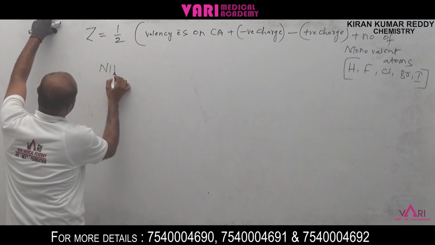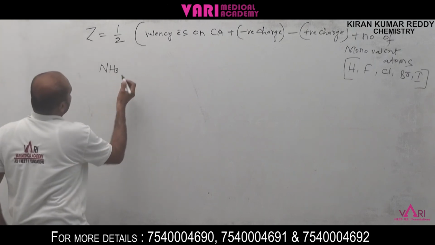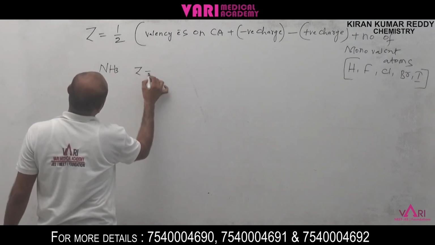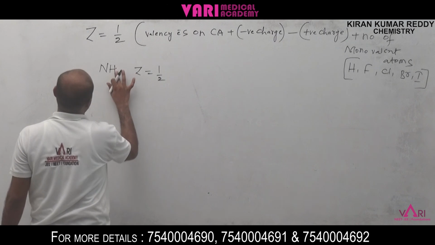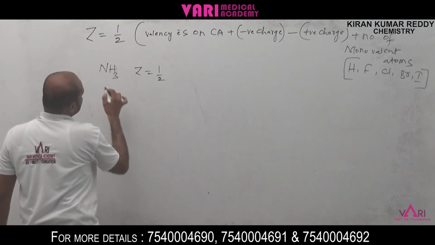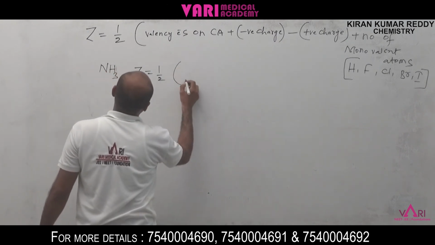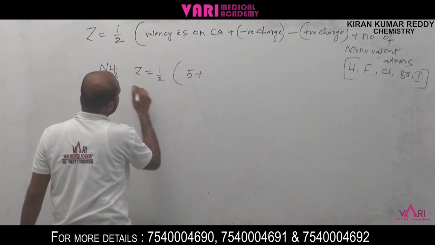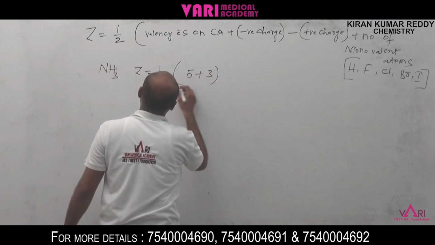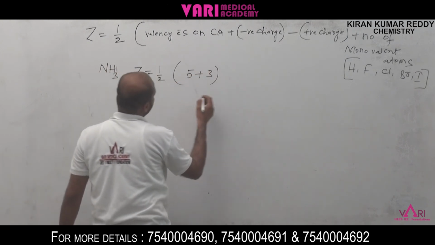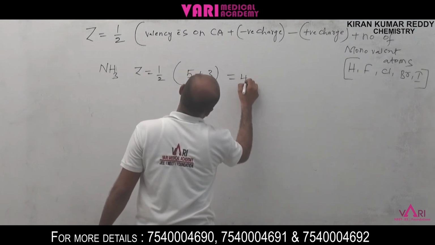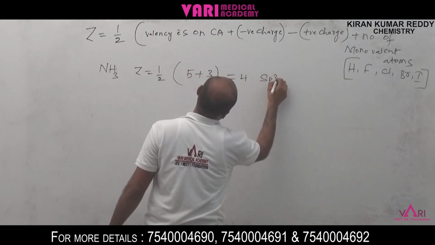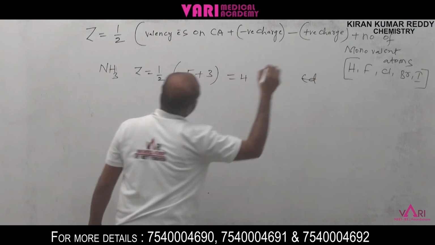First example I am checking NH3. Now write Z is equal to half of NH3. Nitrogen valency, what is the valency? It belongs to fifth group, 5 plus number of monovalent atoms 3, that is equal to 5 plus 3, 8. 8 by 2 means 4. 4 means sp3 hybridization, tetrahedral geometry.